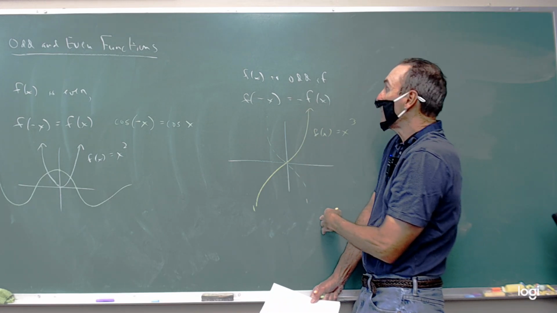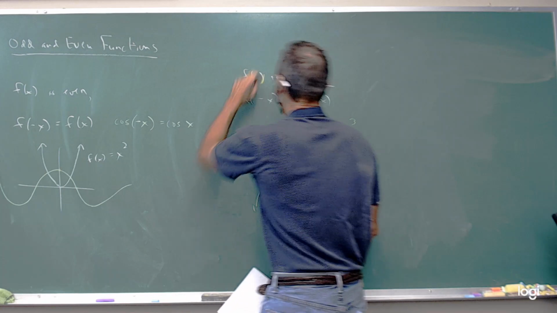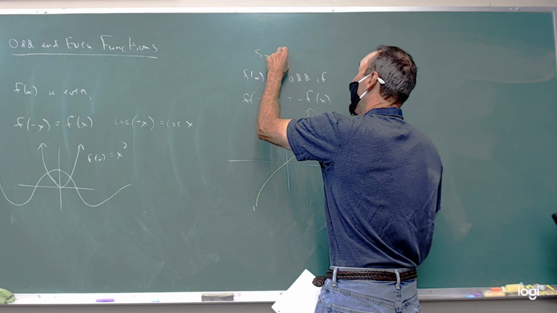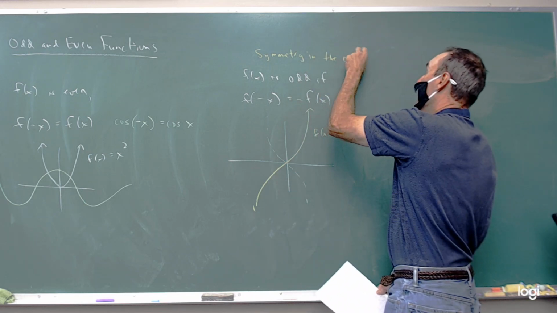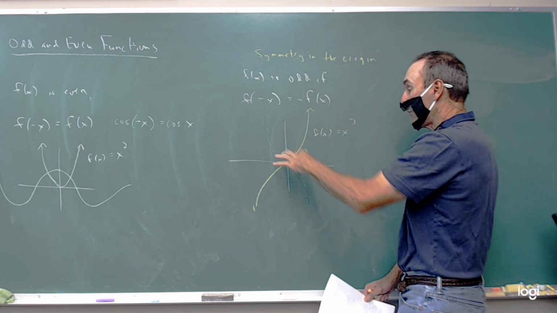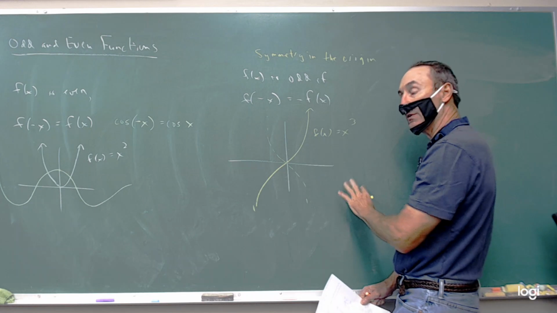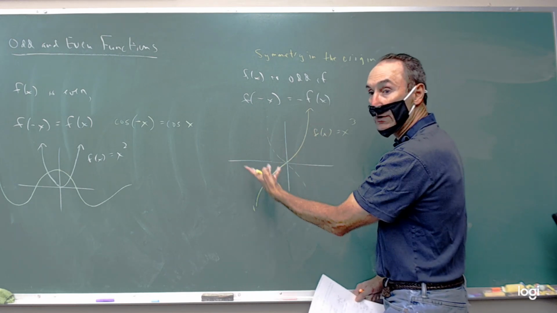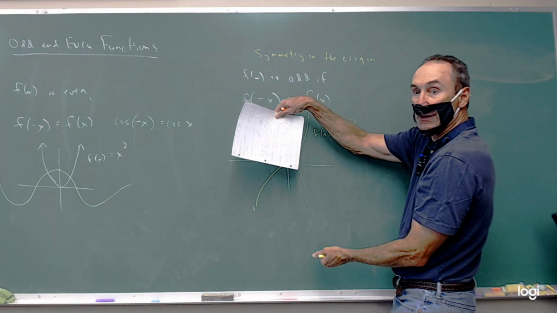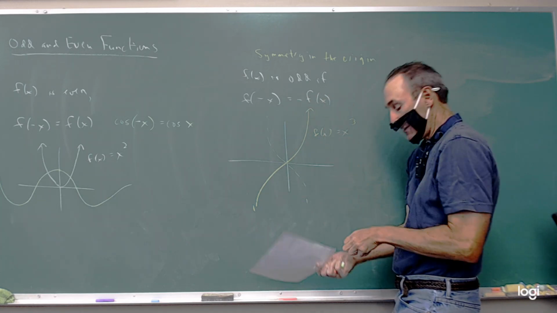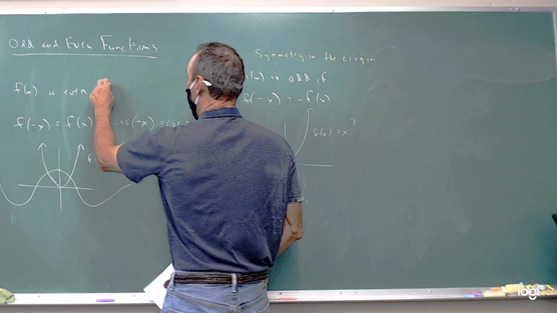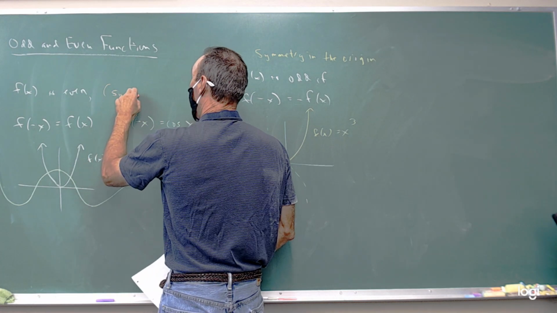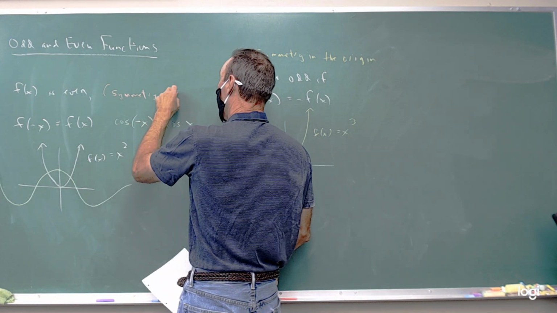This is also called symmetry in the origin. A double reflection takes you back to where you were. Or if you put your pencil on the origin and rotate it 180 degrees, you get back to the same one. And we say even functions have symmetry in the y-axis.